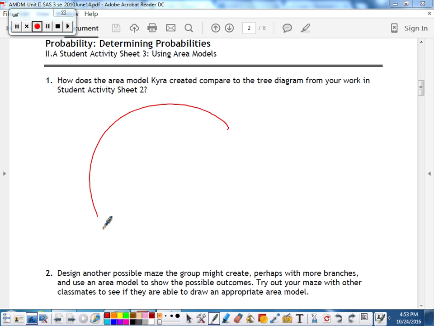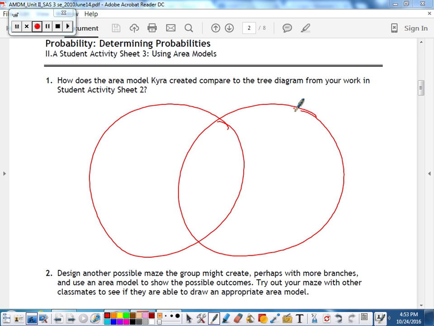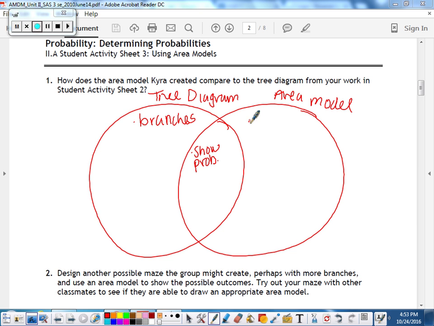So I'm going to make a Venn diagram to kind of compare it real quick, and then you can write it in sentences. Tree diagram, and then area model. They both show probabilities. This one has branches. This one has a rectangle.